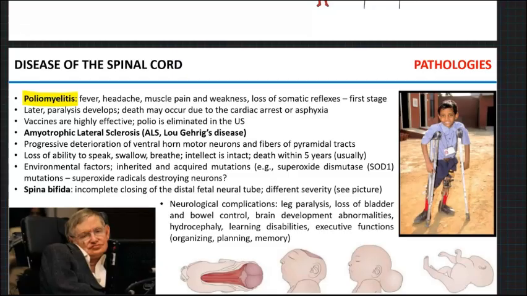So people lined up for blocks to get the vaccine. And you know who the first people who received the vaccine were? It was Jonas Salk himself, his wife, and his children. When he made the vaccine, they were the first test subjects. Okay?